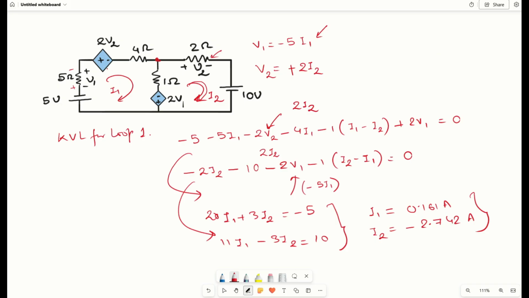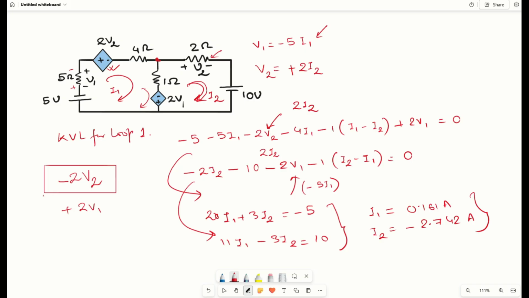For example, if we consider this as a voltage source, it moves from positive to negative, so the value will be negative, and in place of the value we write 2 times of V2. Similarly for this loop, it will be minus to plus, so it will be plus, and the value will be 2 times of V1.